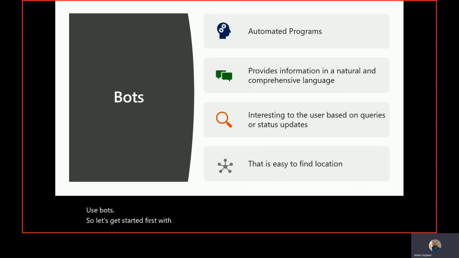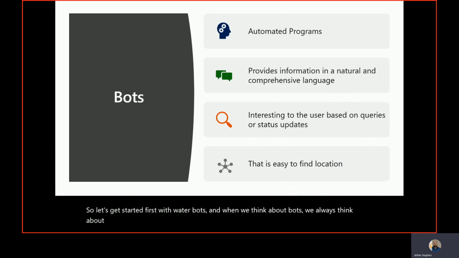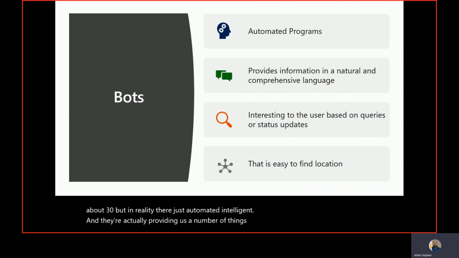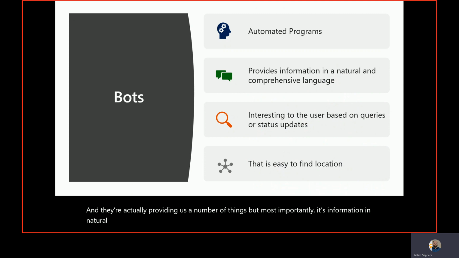And when we think about bots, we always think about very complex algorithms, but in reality, they're just automated, intelligent programs. And they're actually providing us a number of things, but most importantly, it's information in a natural and comprehensive language. So we're going to use pretty much our natural language, the way that we do conversations, the way that we normally would ask a human being to provide information.